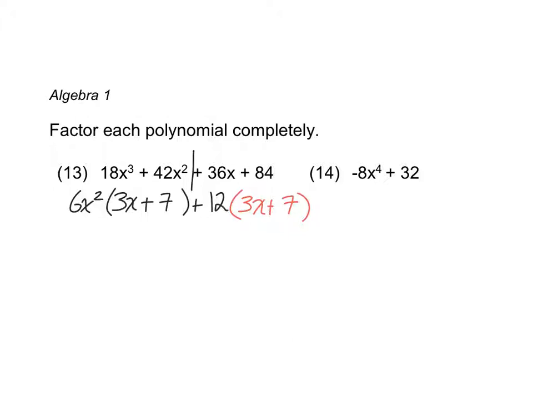That's how we got the 12 to begin with. But will the 12 by the 7 give you the 84? Yes, because 12 times 7 is 84. And so we're one small step away from our final answer. Just pull out that common 3x plus 7. You'll have 6x squared, well, 1.5 small steps away.